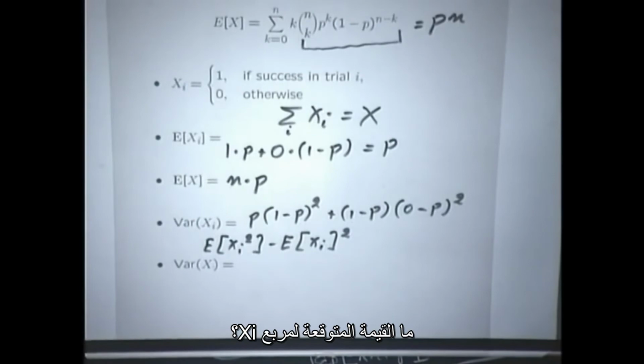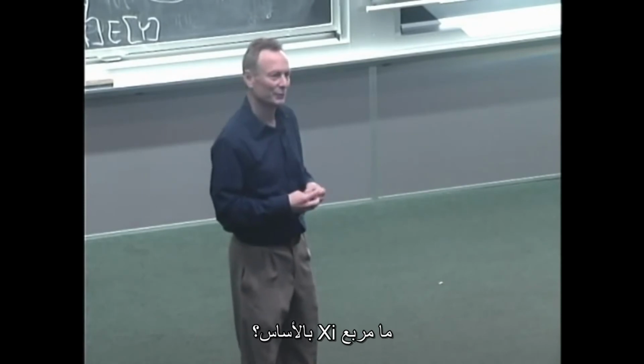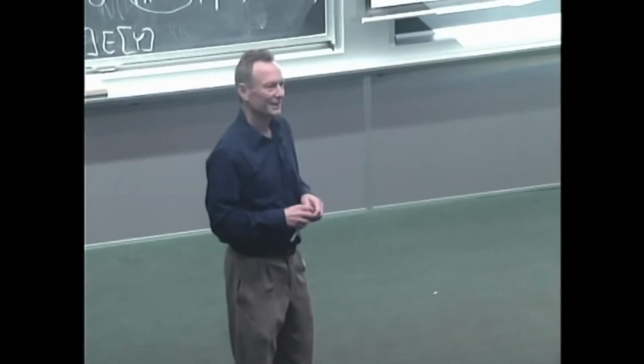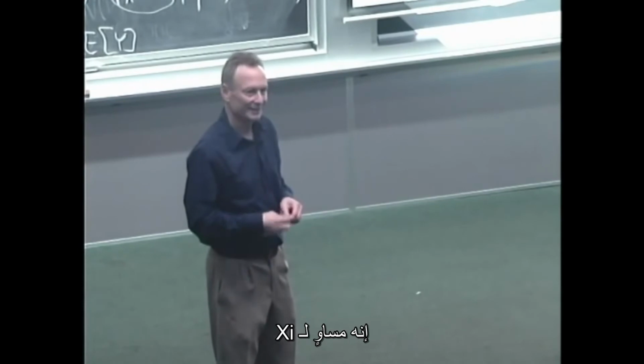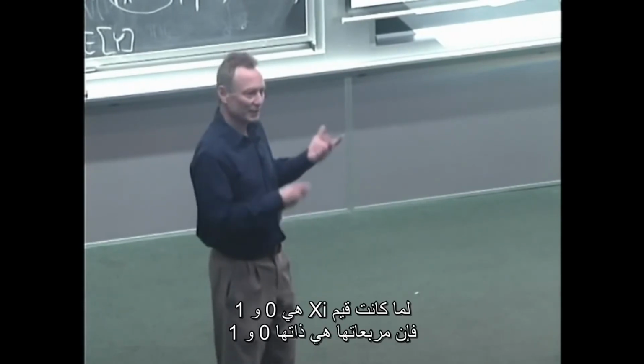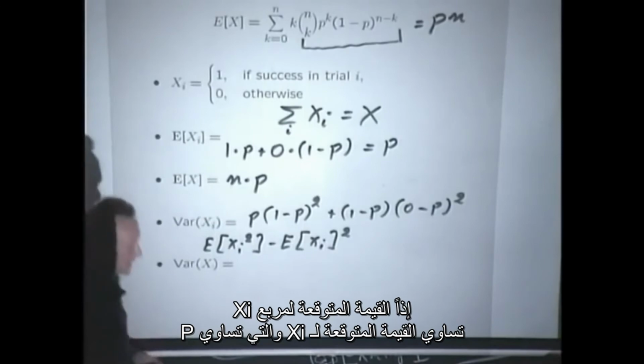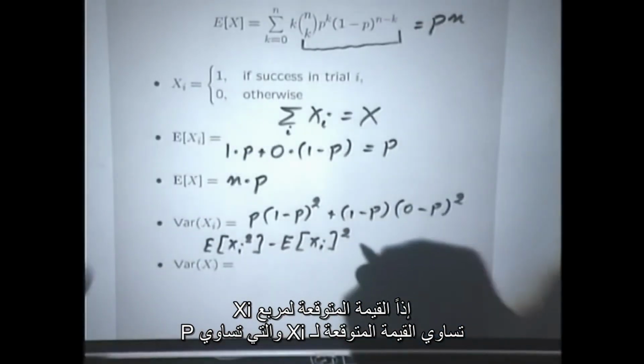What's the expected value of xi squared? Backtrack. What is xi squared, after all? It's the same thing as xi. Since xi takes values 0 and 1, xi squared also takes the same values, 0 and 1. So the expected value of xi squared is the same as the expected value of xi, which is equal to p.